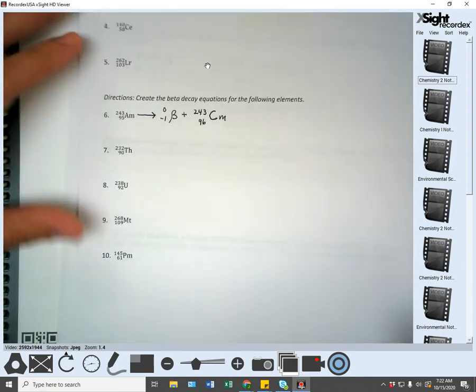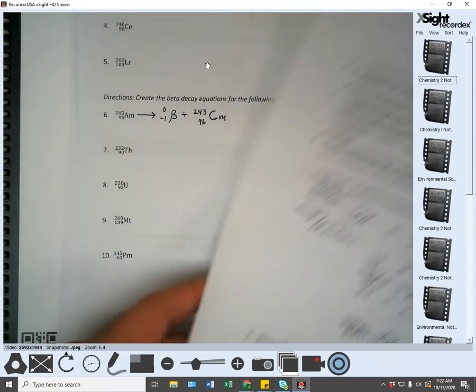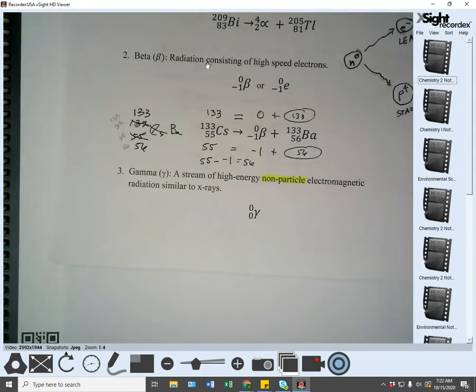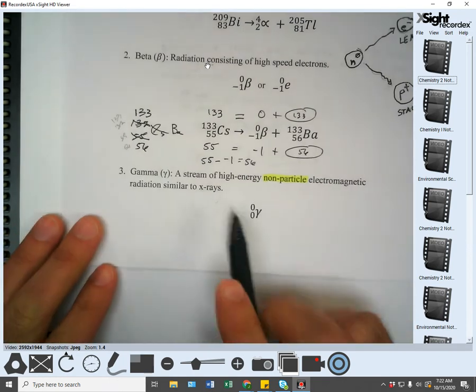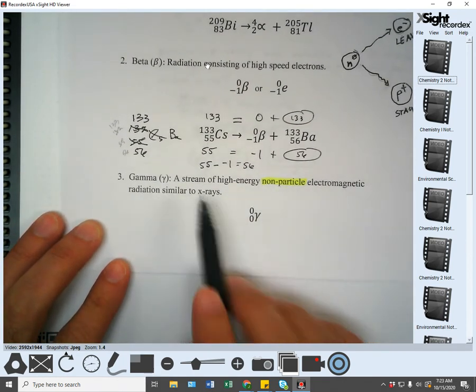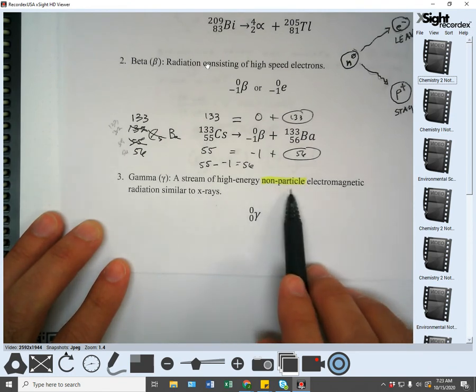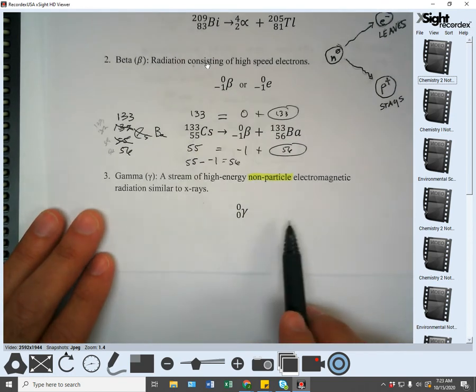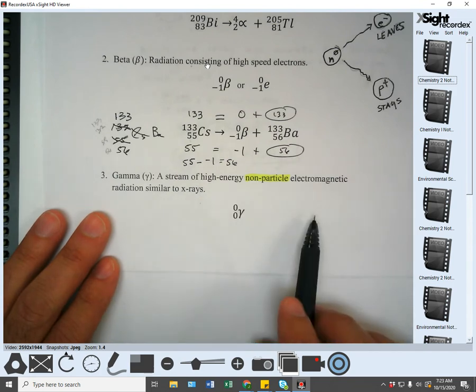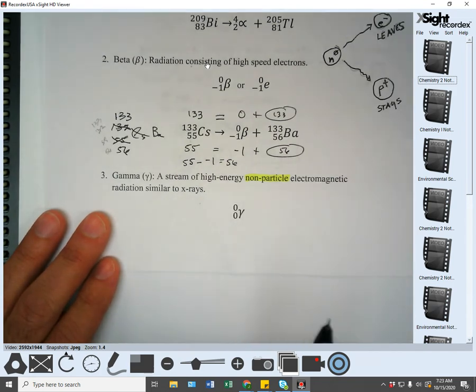All right. Last thing on this is gamma. Gamma radiation is a stream of high energy, non-particle electromagnetic radiation similar to X-rays. The reason I highlighted non-particle is because that's the key to why we don't have a decay equation here. That's because gamma doesn't have any particles.